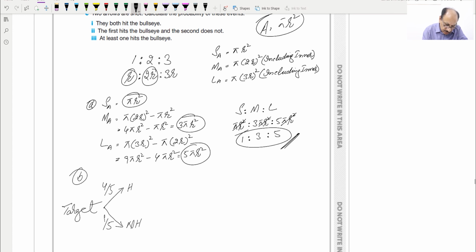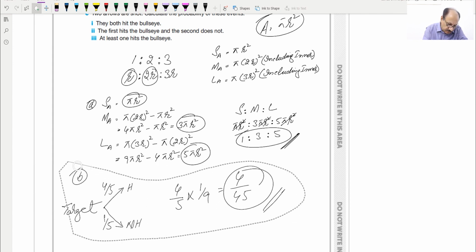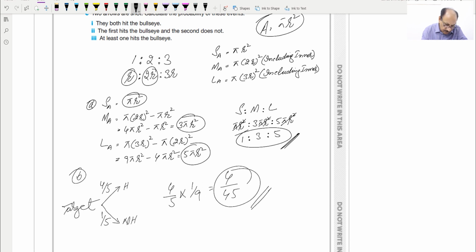So hitting the target is 4 by 5, and we multiply by the bull's eye, which is the smaller circle, 1 out of the total, which is 1 plus 3 plus 5, equal to 9. So 1 out of 9, and we multiply. This will be 4 over 5 times 9, which is 45. So this will be 4 over 45. This will be the answer for B part, which is hitting the bull's eye.